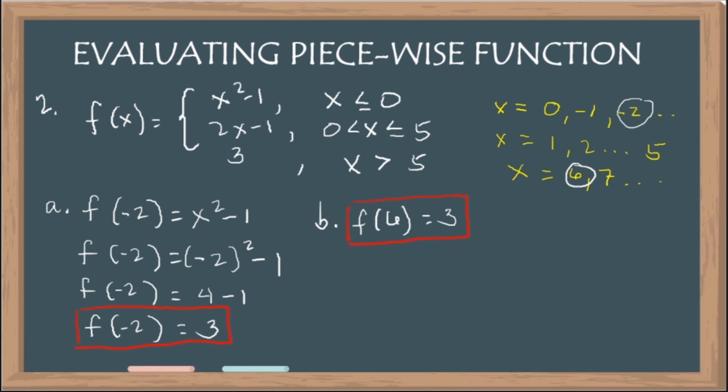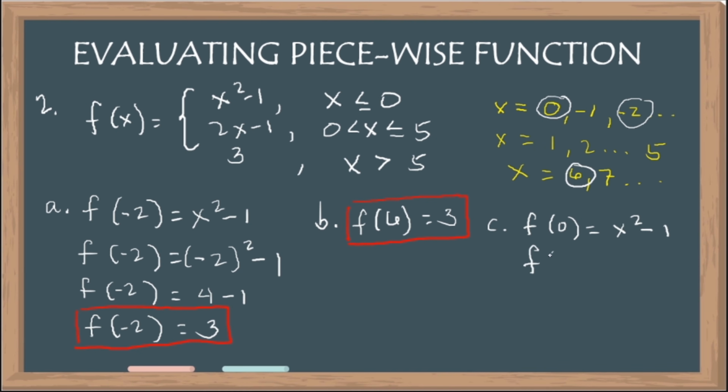Let's have letter C. Paano kung pinapahanap ay f of 0? Okay, saan nabibilang yung f of 0? Nandito pa rin siya sa first function. Less than or equal to 0. Kasama kasi si 0 dito. So, x squared minus 1.